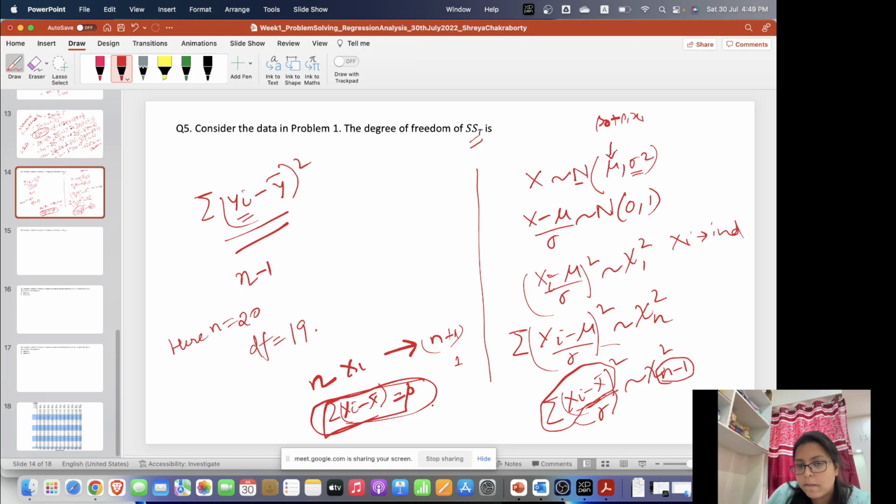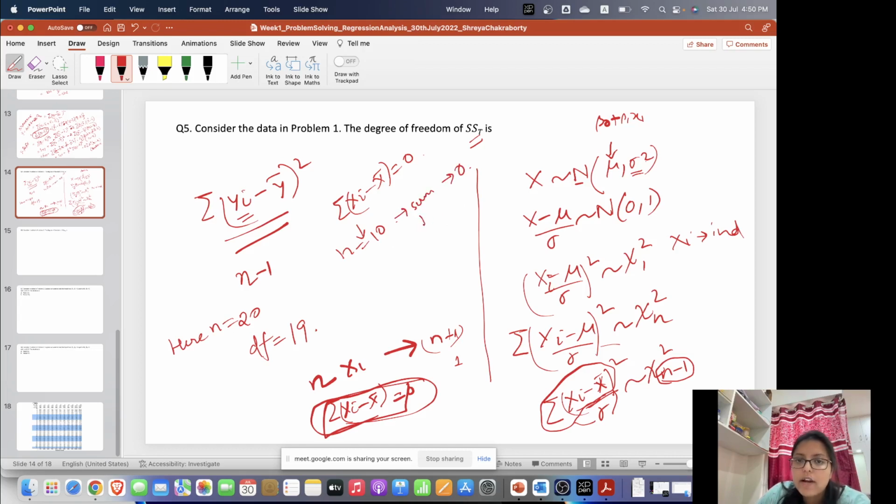So let's say our n is 10. The sum of all 10 values will always be 0.